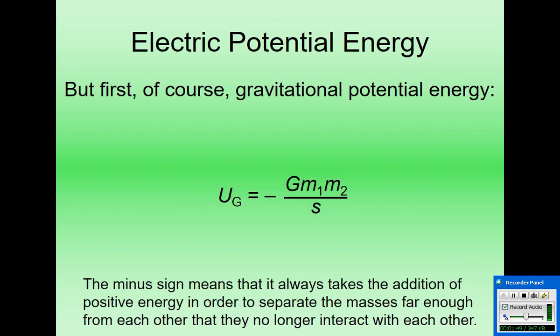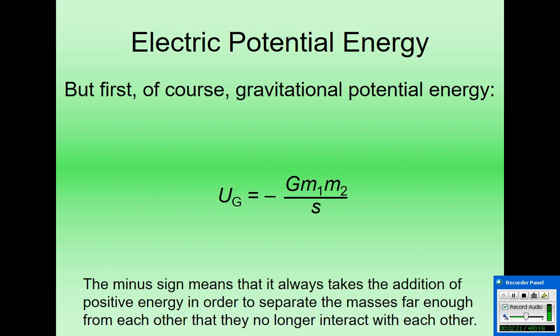If I have two masses that are close together and they have this gravitational potential energy, and I come along and do work on each of them and push them infinitely far apart, and let's say they started motionless and finish motionless, so there's no change in kinetic energy, what happens is they start with some non-zero potential energy, but when they're infinitely far apart, where there's no attraction, there is zero potential energy.